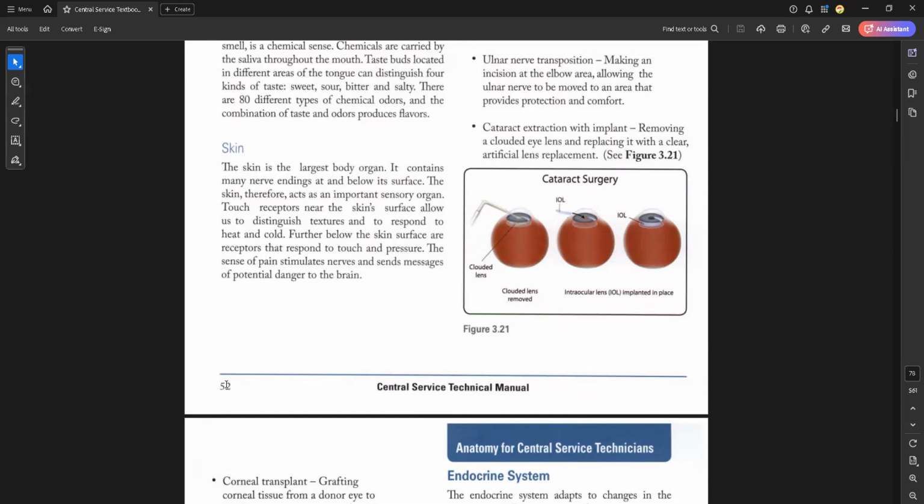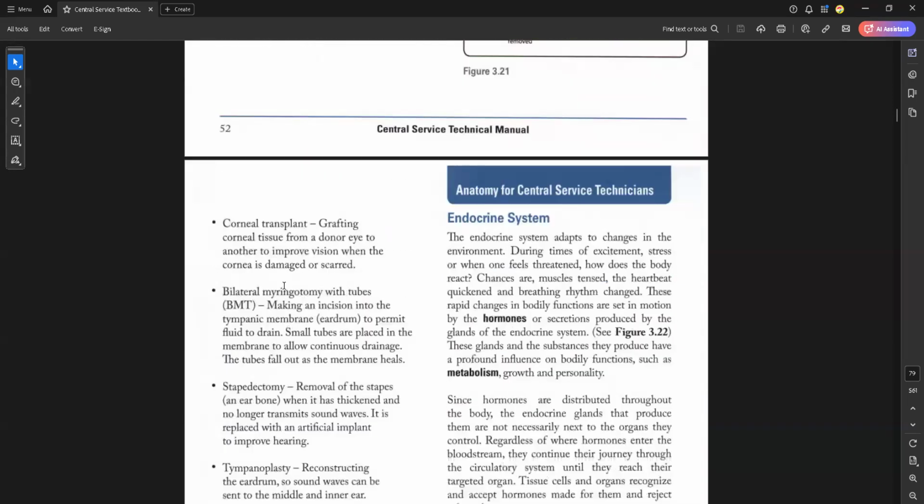The one at the left-hand side is so cloudy, you cannot see very well. But after cataract surgery, they put implants. Look at how shining, so they can see clearer, better, and that is awesome. So these are some of the procedures that go with the eye.